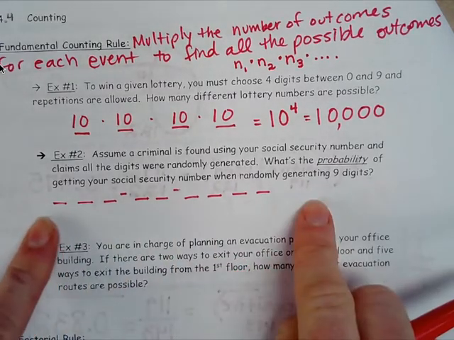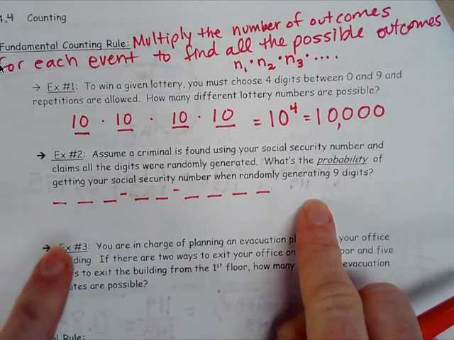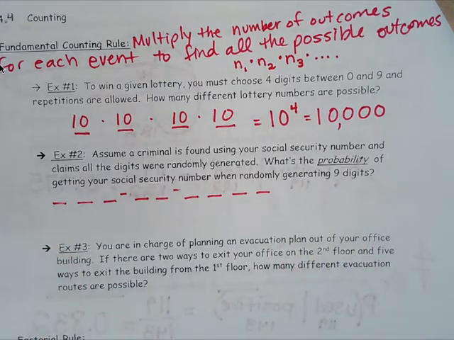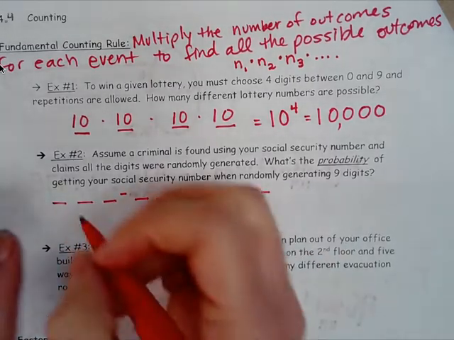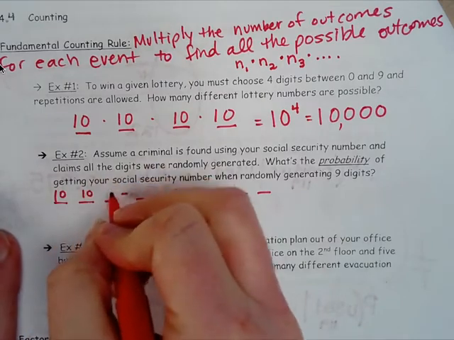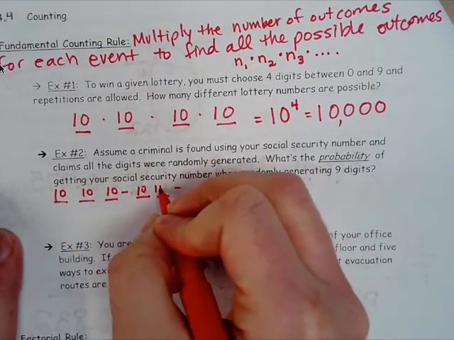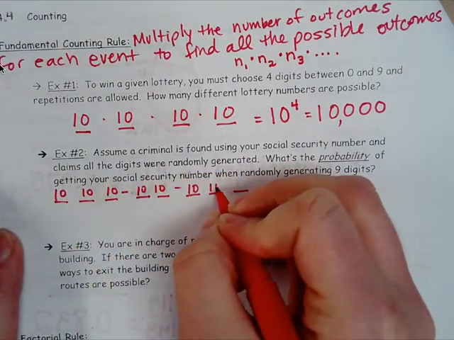So it looks like that, right? So there are between 0 and 9 you can put in each one of these spots. So it's a choice. So there's 10 for each spot. So it's very similar to the last one, but this time we have 9 spots to fill.